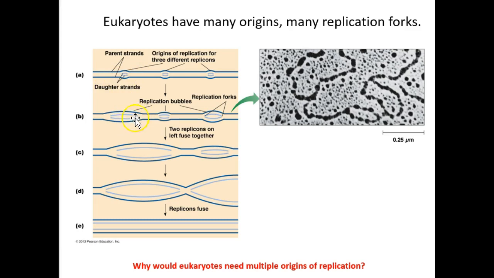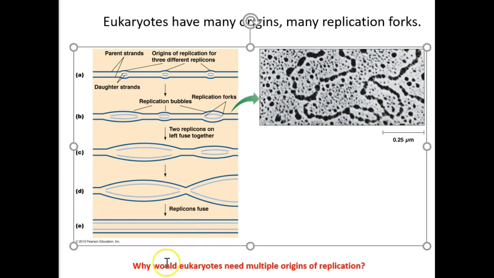Here's a replication fork there, here's a replication fork here. Okay, similarly there'll be a replication fork here and here. And there'll be a replication fork here and here. Synthesis will go this way, and synthesis will go this way until they bump up into each other, and you've got two chromosomes formed from what used to be one.